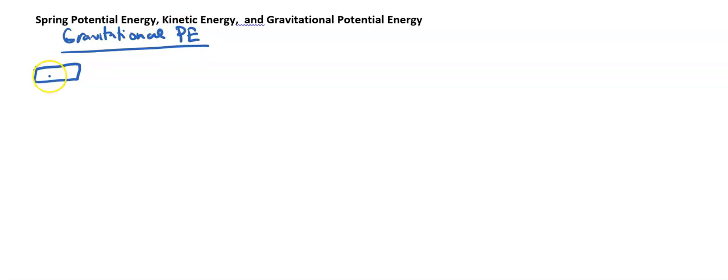Okay, so now let's go ahead and do a couple equations for different things. We're going to first talk about gravitational potential energy. Let's say we have some object of mass m, some distance h above the ground.